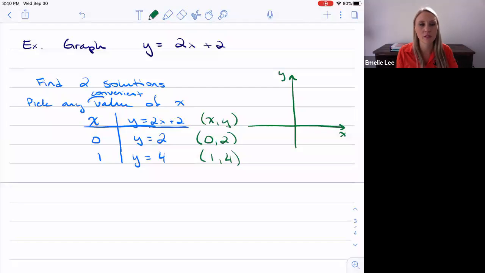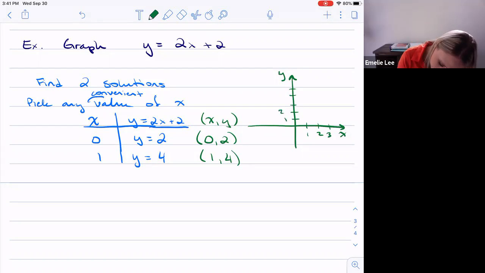So usually I'll have my x with an arrow here and y with an arrow here. If you want to be proper, you can put arrows on all 4 sides. I get lazy sometimes and I only put them here, but that's okay. And then of course, I'm gonna just set up my quick sketch grid. So 1, 2, 3. 1, 2, 3, 4, 5. Ish.